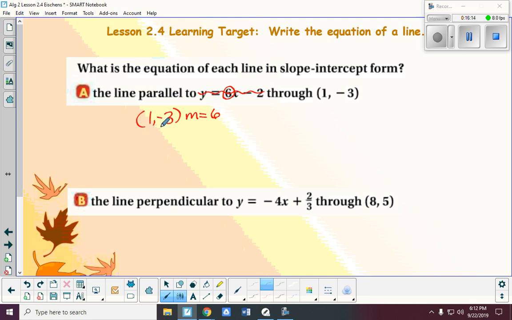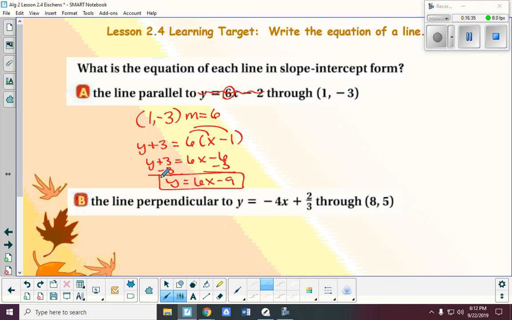We're making a new one. So we'll use the point slope formula. y minus negative 3 equals 6 times x minus 1. And we distribute. So y equals 6x minus 9 is the equation. And if you graph both of those lines, you should see that they are parallel.